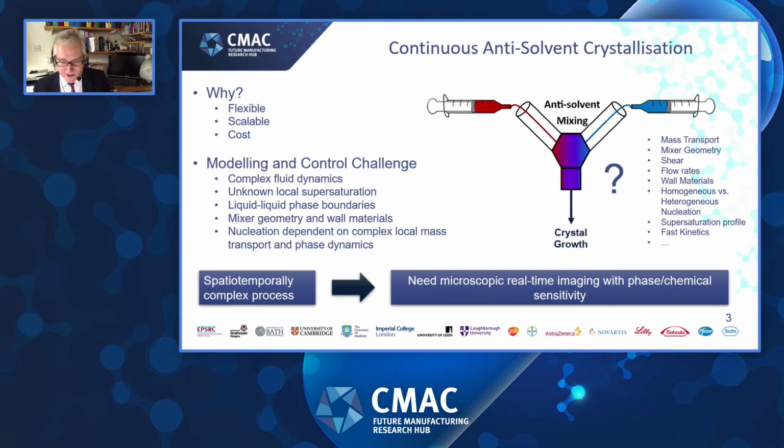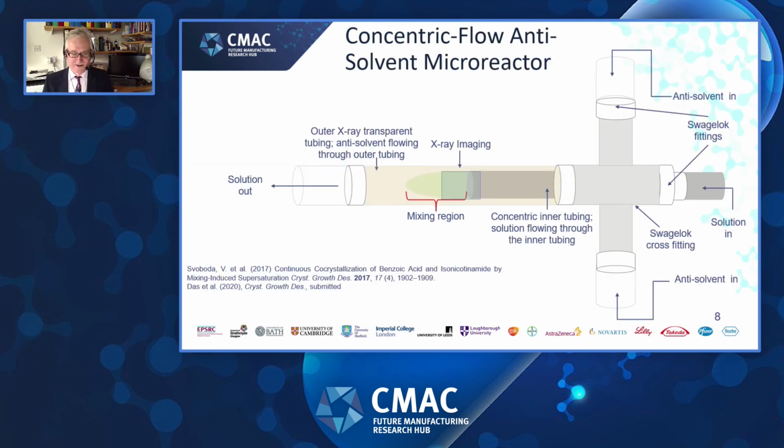So we need a microscopic real-time imaging process with phase and chemical sensitivity, because we're dealing with a spatio-temporally complex process. This is a sketch of the concentric flow antisolvent microreactor. The important thing is that we've got two concentric tubes, and in the mixing region one of the inner tube ends, and you get mixing due to the contact between the two liquids at that point.